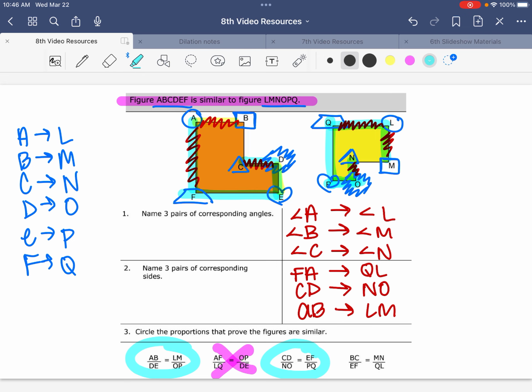And then lastly, we have BC over EF, and then MN over QL. And those do not correspond because QL does not correspond with EF. So this proportion does not prove that those are similar.